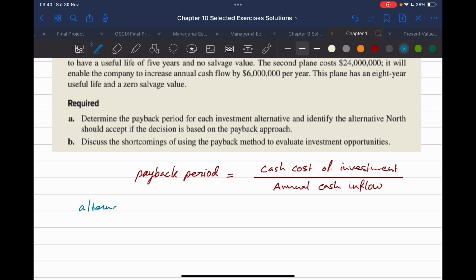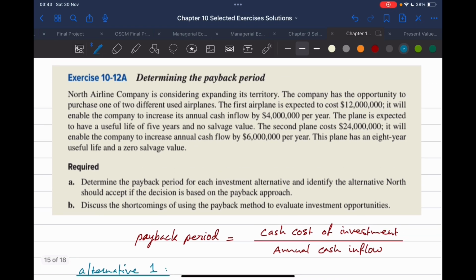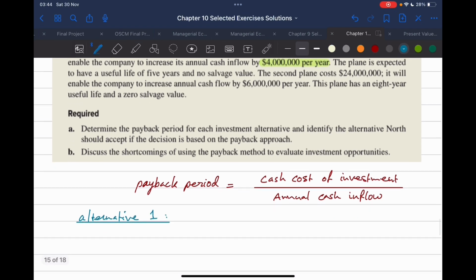Alternative 1. For alternative 1, the airplane is going to cost $12 million and is expected to generate a cash inflow of $4 million per year.